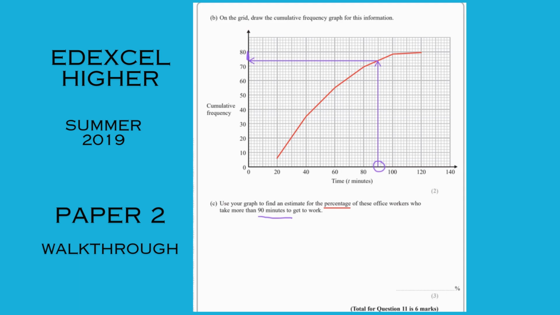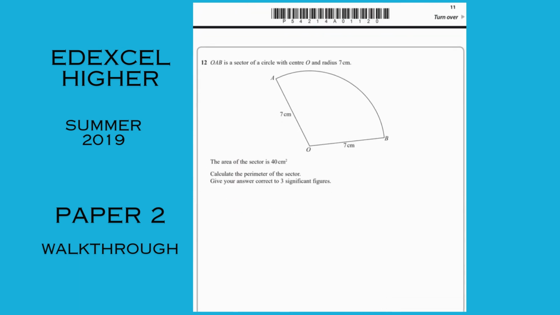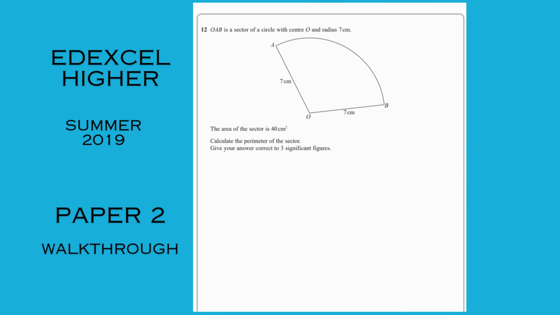So the reading from my graph, and it does agree with the mark scheme, the perfect answer is 6 out of 80. That's the fraction of the office workers. You want to turn it into percentage. Times it by 100. 7.5%.